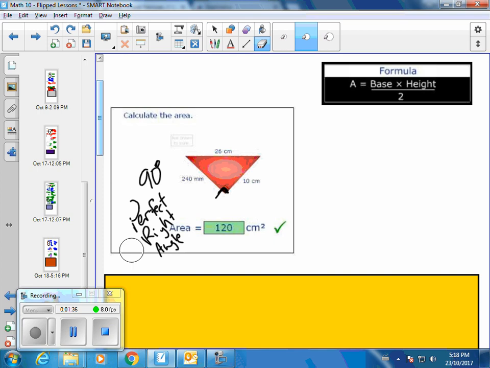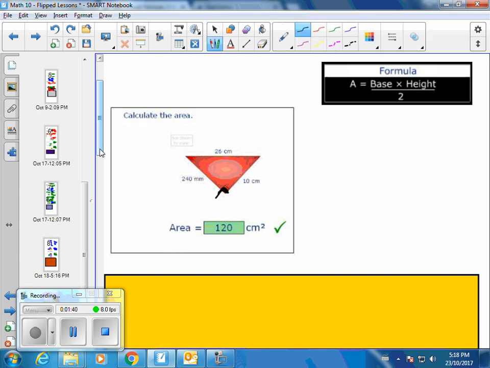What we're looking for, though, is to find out what our base and our height are. It doesn't really matter which one goes first, that generally depends on how the triangle is oriented in space. But what we are not looking for is the hypotenuse.